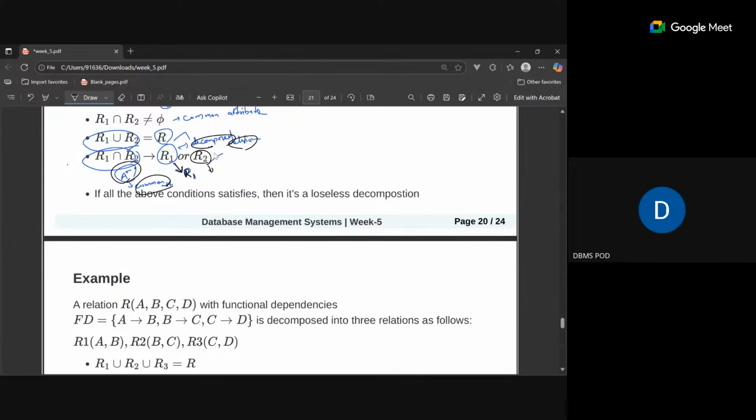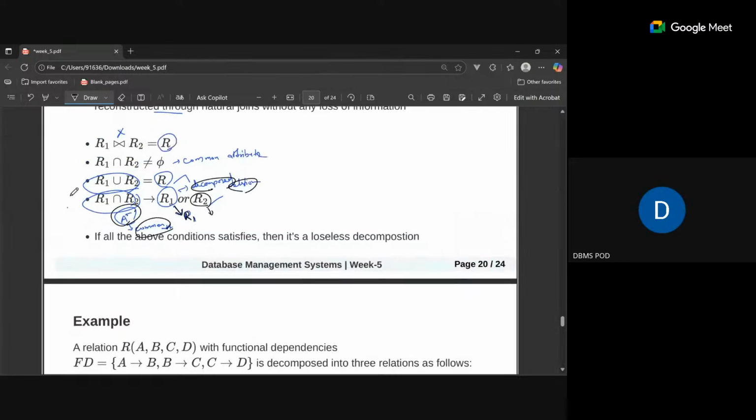What is the difference between point 1 and 3? It's almost the same. If you take a union, that should give back the relation. Maybe I should remove this third point. In terms of natural join and in terms of union, is there any difference? Here it won't make any difference, since the attributes are the same.